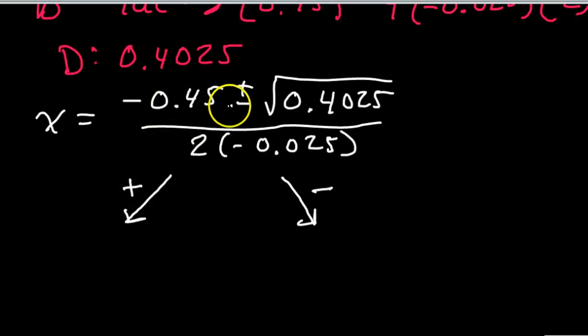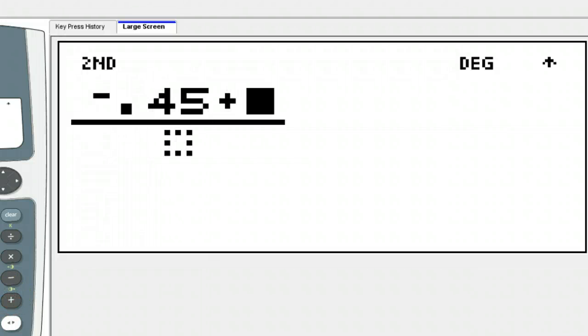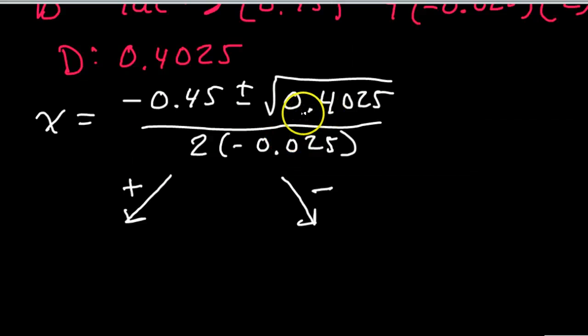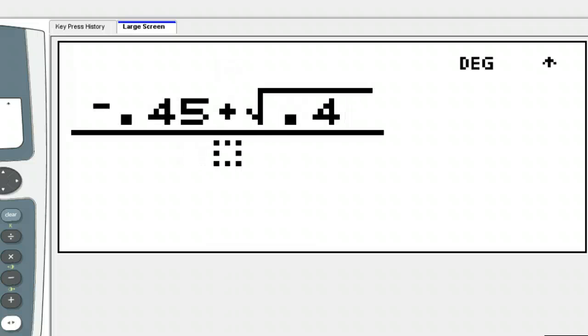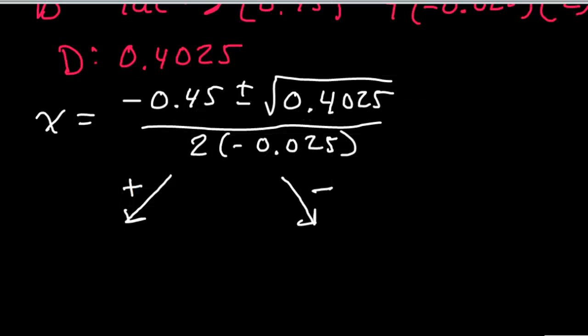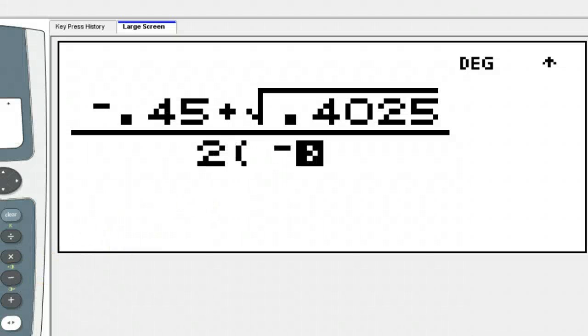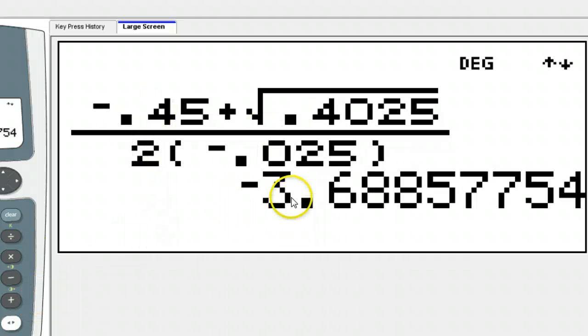Okay, so we have negative 0.45 plus the square root of 0.4025, over 2 times negative 0.025. Okay, so there we've typed it in. So I'm getting negative 3.69 yards.